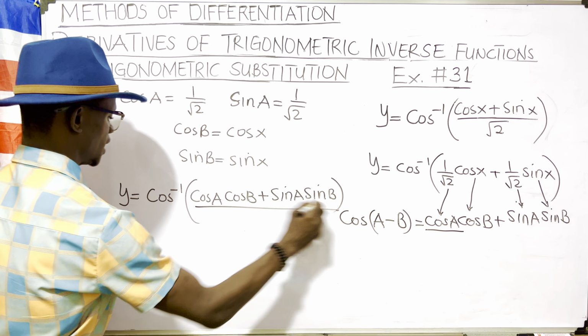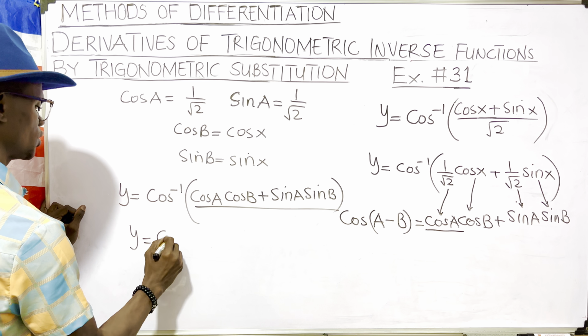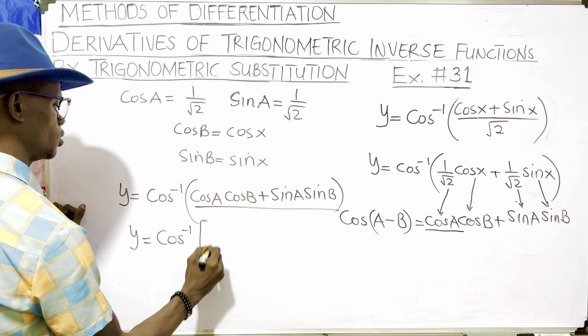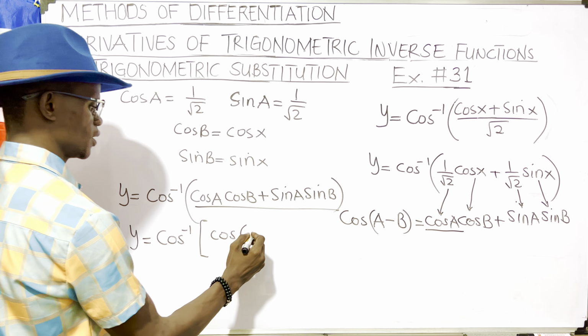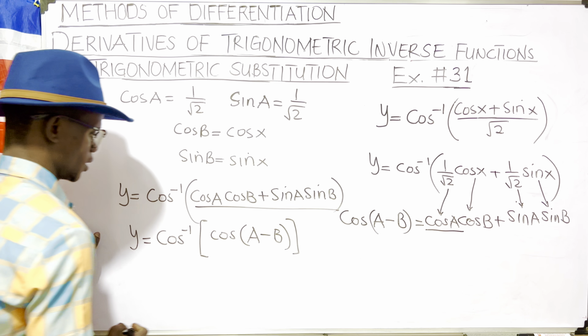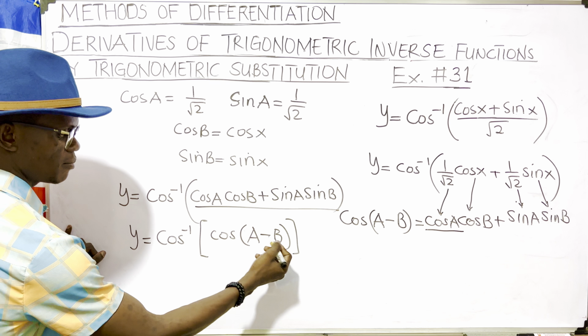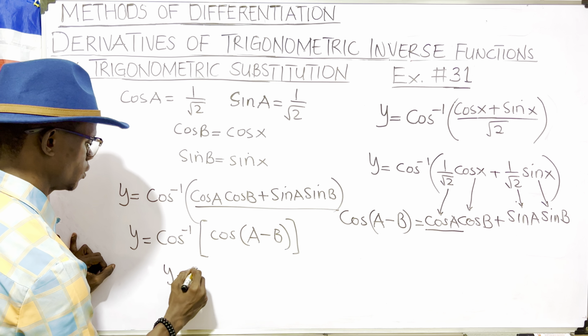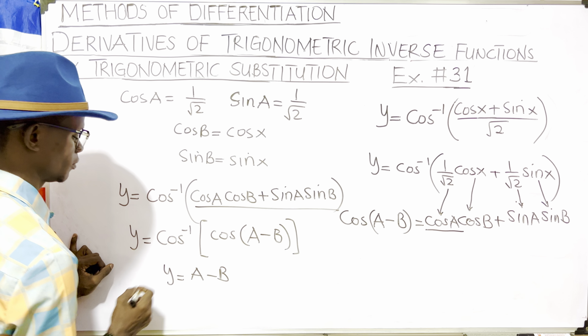So this expression now equates to cos of a minus b. So cos inverse of cos of a minus b is just equal to a minus b.